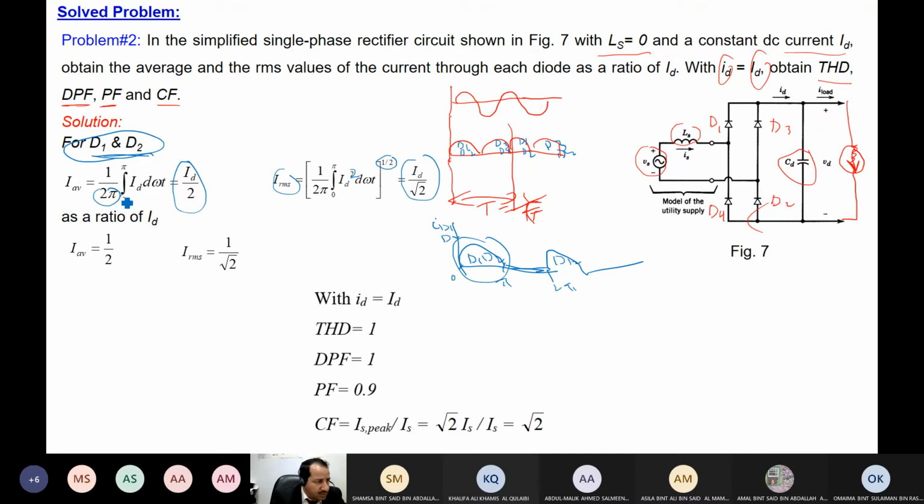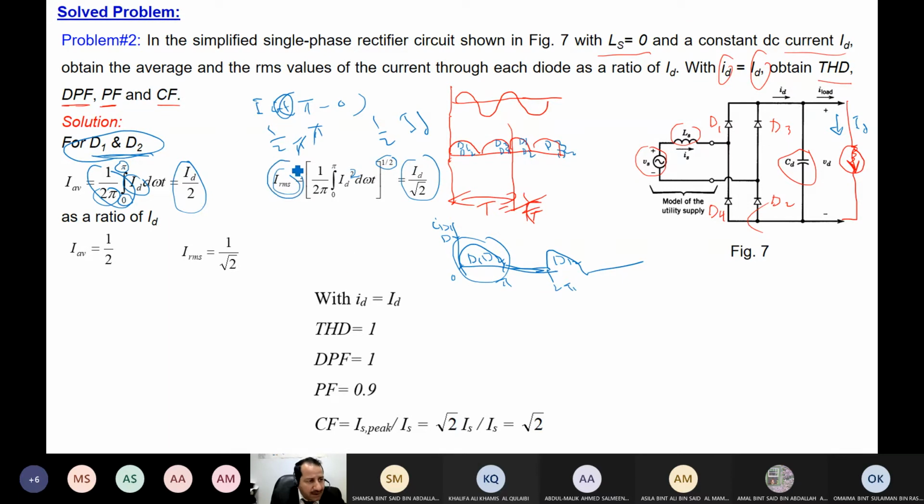So I integrated from 0 to pi the current ID with respect to omega t, then it will be ID omega t. Omega t substituted by pi minus 0, it will be pi, and there is here 1 over 2 pi, cancel pi with pi, 1 over 2, what is left? ID over 2. Easy, straightforward.